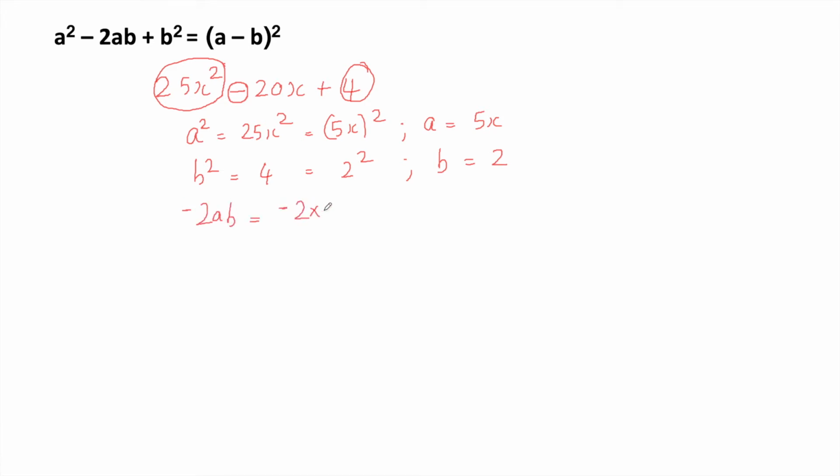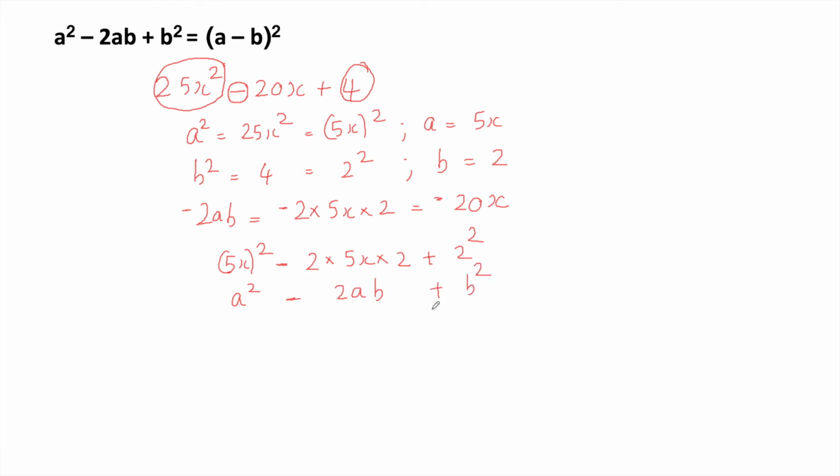Minus 2 into 5x into 2 is equal to minus 20x. So clearly this is in the form of (5x) the whole square minus 2 into 5x into 2 plus 2 square. That means a square minus 2ab plus b square.